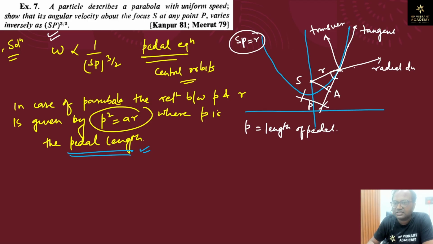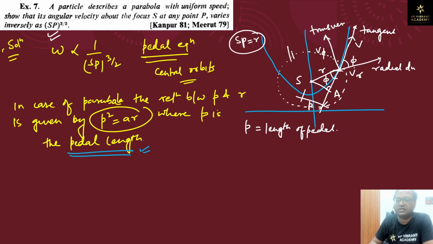Let us take this angle as phi. So this will also be phi. Let us take the velocity along the tangential direction as v. Velocity along the radial direction is vr, and velocity along the transverse direction is v phi. What we have to find is the angular velocity. Draw a circle like this, taking r as the radius.